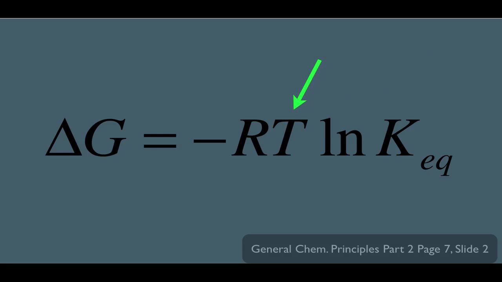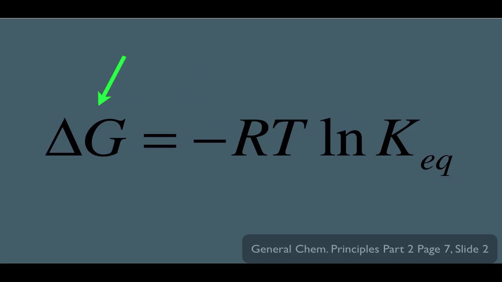Temperature we would plug in. Remember, temperature is in Kelvin, which runs from 0 to infinity. There's no such thing as a negative temperature in Kelvin. So temperature would be positive. And R, this is a constant, would also be positive. That means because of this negative in the equation, plugging in a K value that's greater than 1 would give you a negative delta G value.